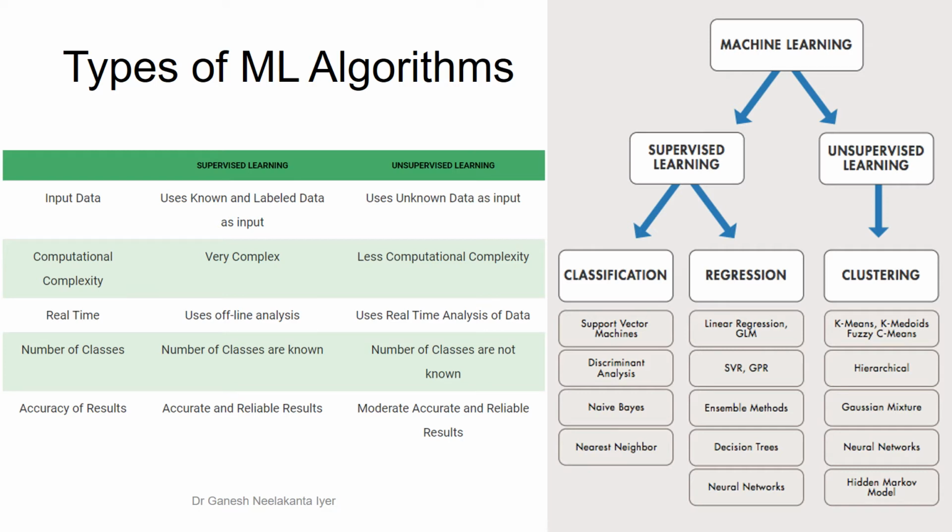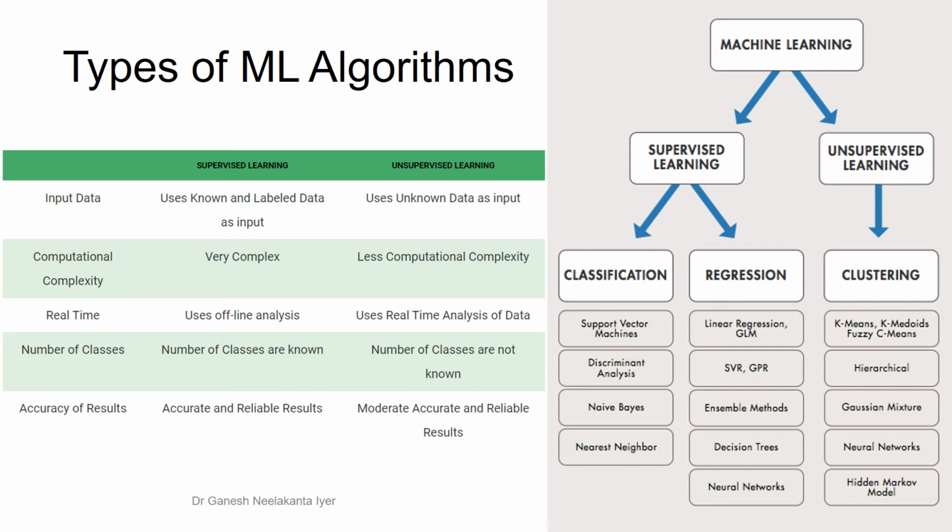Unsupervised learning is less complex in computational complexity because it deals with unknown data. Supervised learning also needs offline analysis because you are going to label the input, categorize them into different categories, and then train the model. Unsupervised learning simply uses what is there in real time.